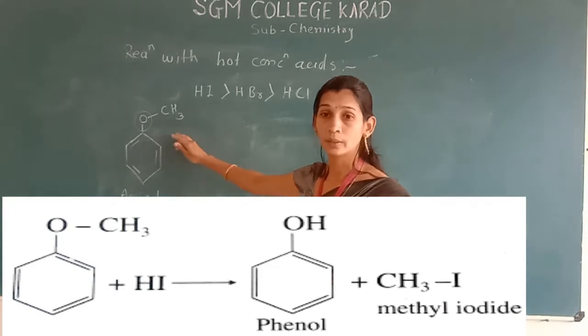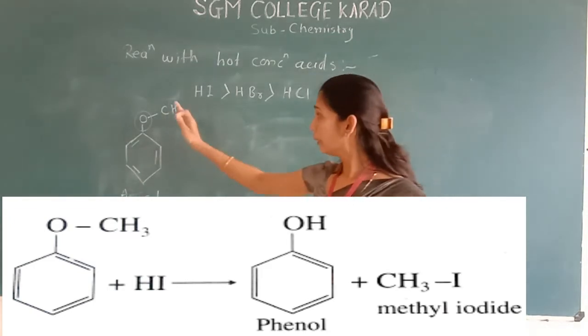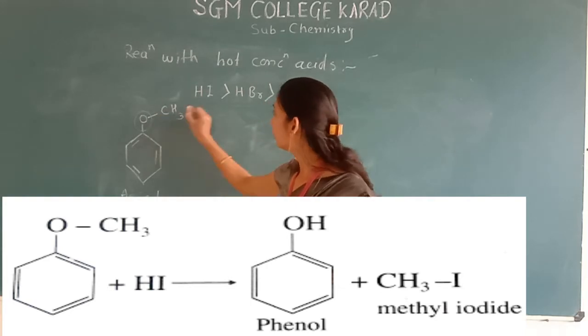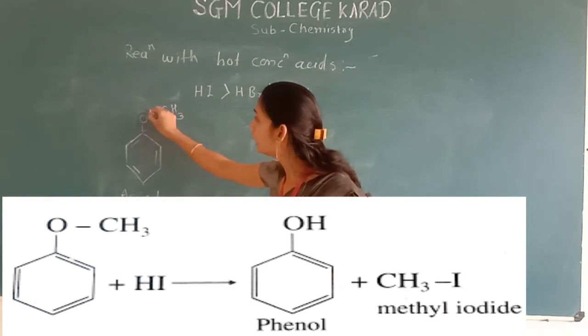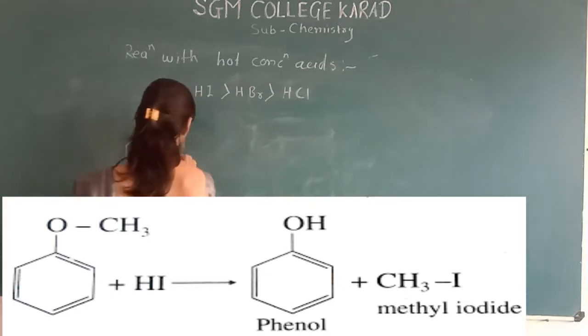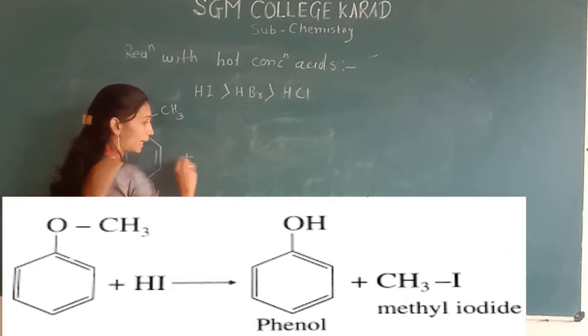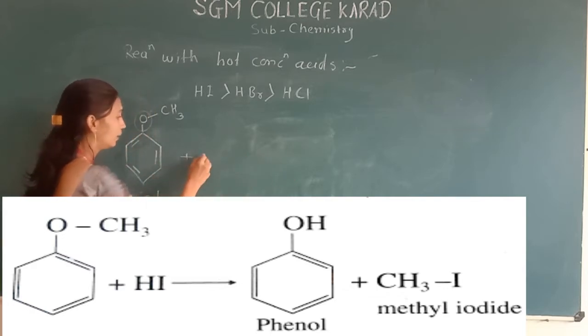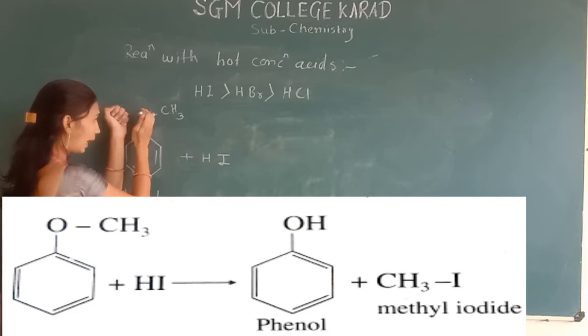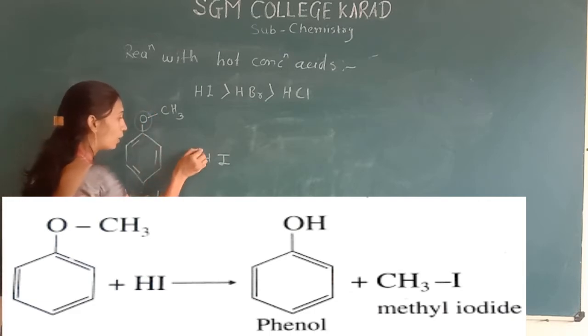Hence, when this aryl alkyl ether undergoes cleavage, the alkyl bond breaks from this O, and the hydrogen attaches to that place, and here we are getting a phenol. When we draw the complete reaction with HI, you will understand. It is a very short but strong bond.